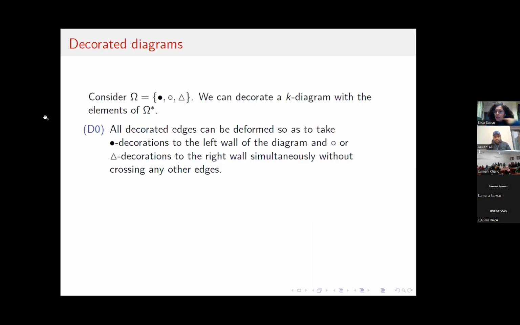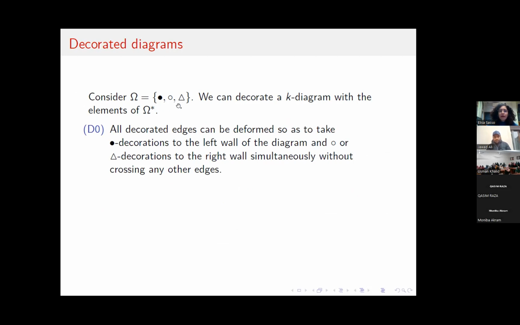for this one. So remember the diagrams that I told you about before for the classical Temperley-Lieb algebra. So now take them and decorate the edges. So we want to put objects on the edges, and the objects are taken in this set, the set omega of these three decorations.